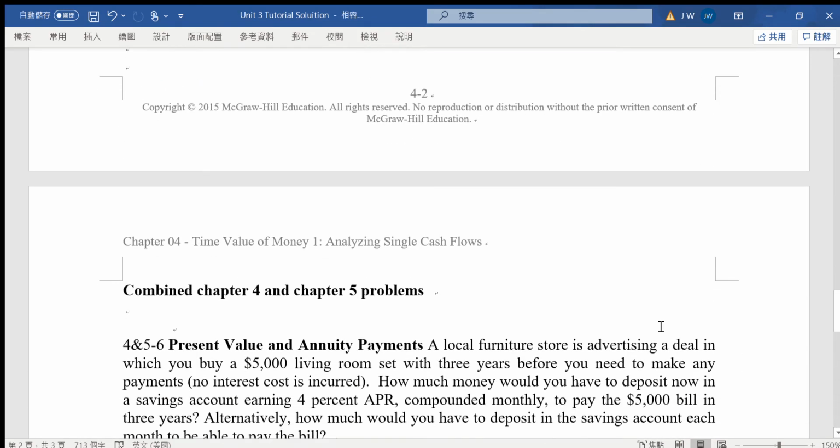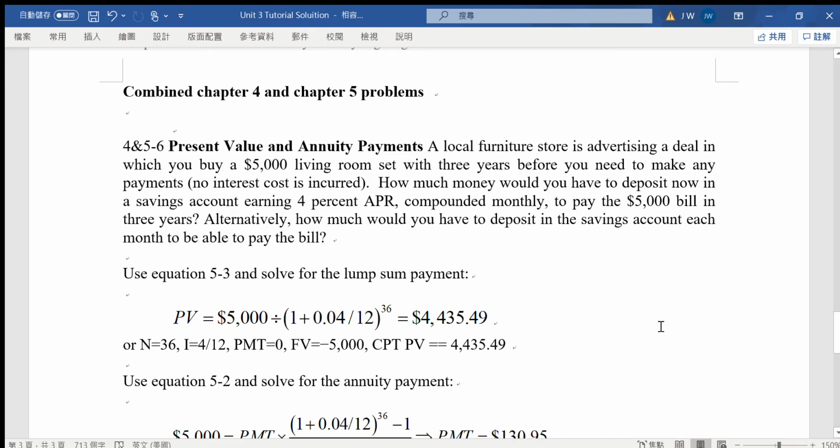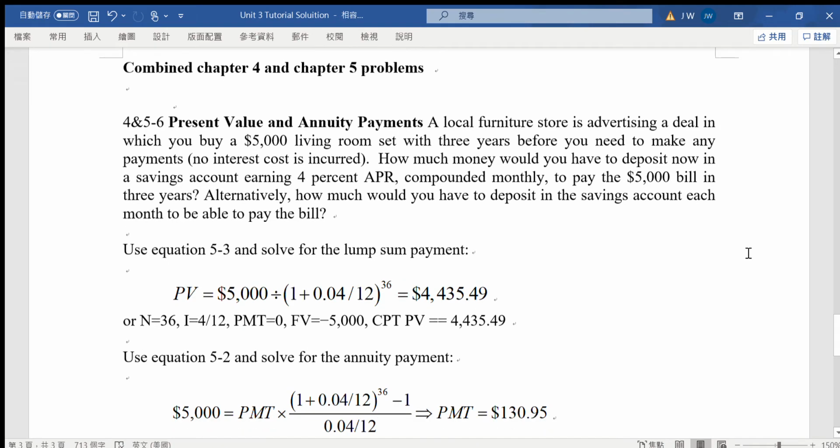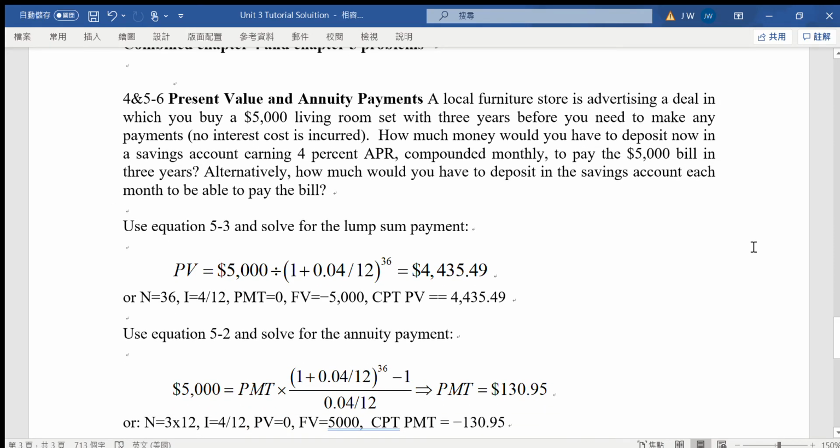Then the next one is about present value and annuity payment. For this one, look at the question first. A local furniture store is advertising a deal in which you buy a 5,000 living room set with 3 years before you need to make any payment, and no interest cost is incurred.